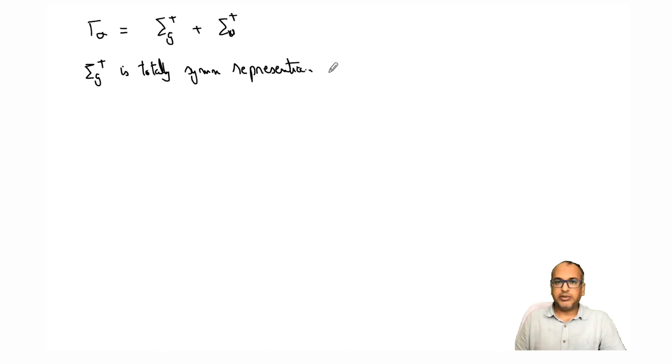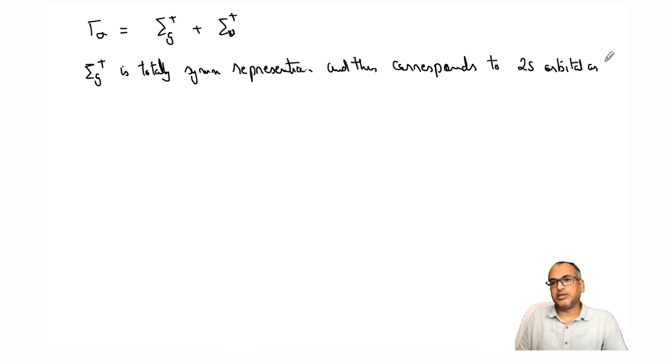So it's a totally symmetric representation and thus corresponds to the 2s orbital as basis. So the 2s orbital will form the basis for the totally symmetric representation. Of course, you can also say 1s orbital, but the 1s orbital will not take part in bonding. It's only the 2s orbital which will take part, so that's why we are considering only 2s.